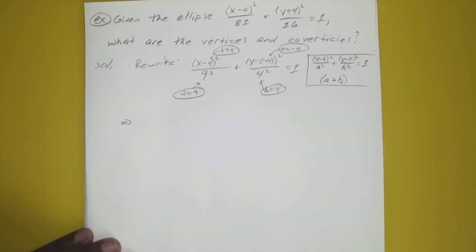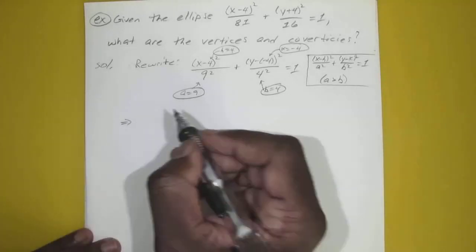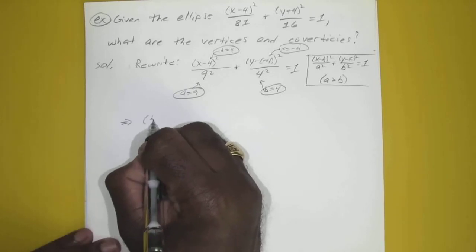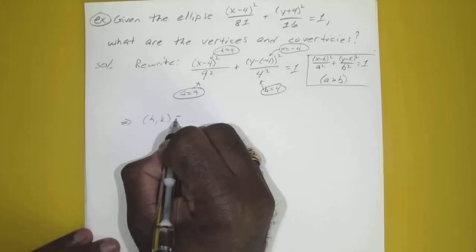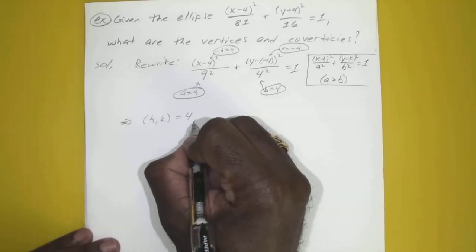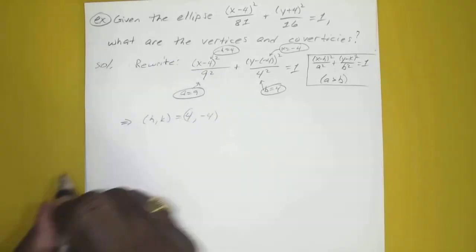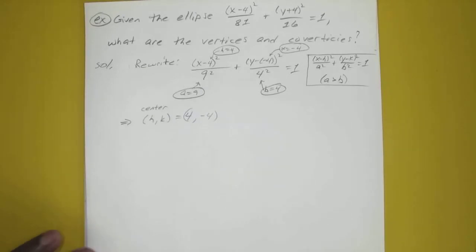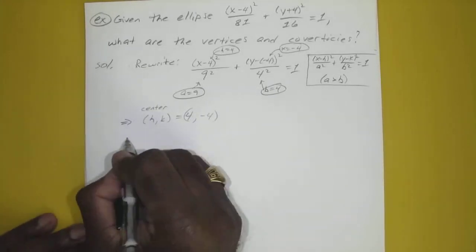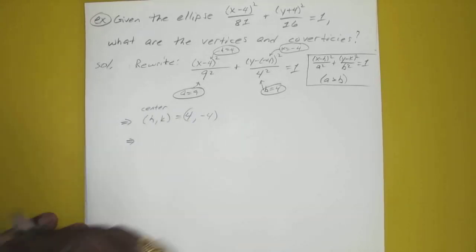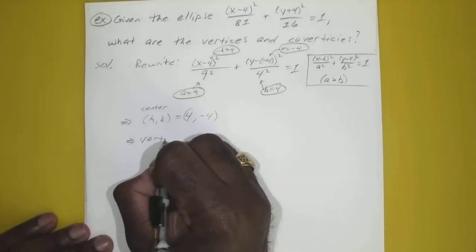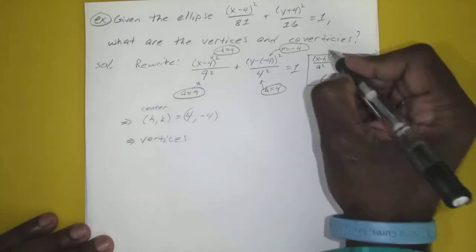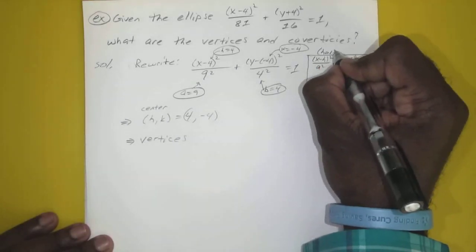Okay. So we know that h, k is equal to 4, negative 4. Remember, that's your center. Okay, so we know that right from the beginning. Okay. So we know that to find our vertices, remember this is horizontally stretched.